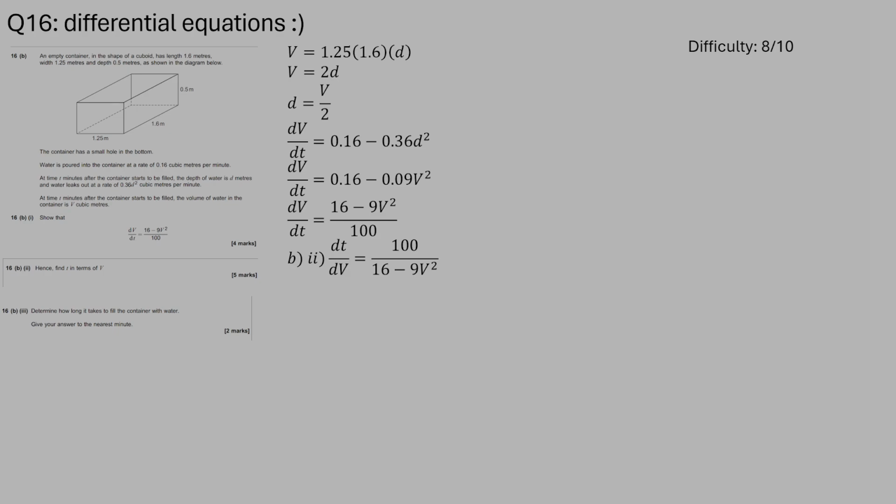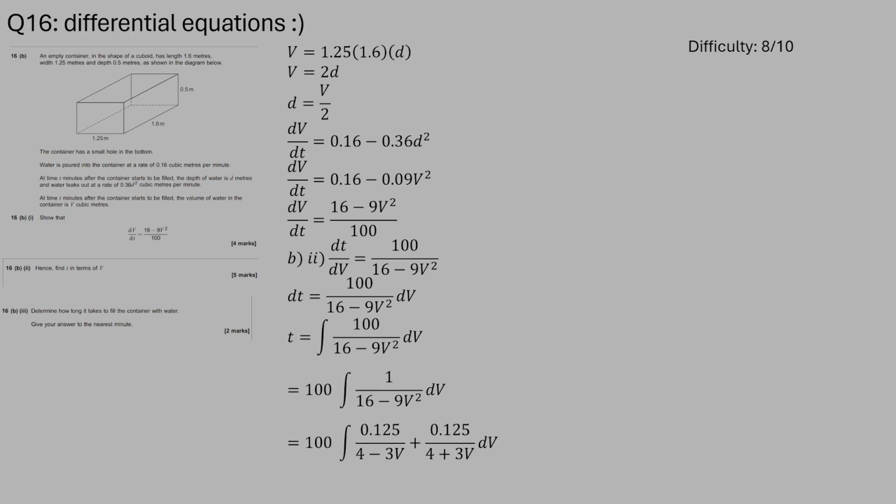Next we're going to rearrange to form an integral like this, and factor 100 out. Now we're going to use partial fractions to separate these fractions. You can do the partial fractions yourself, but I haven't done the working because it's not that trivial. Then we factor the 1/8 out of the top to get this.